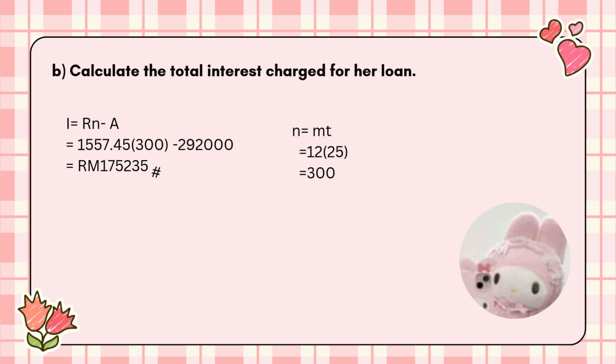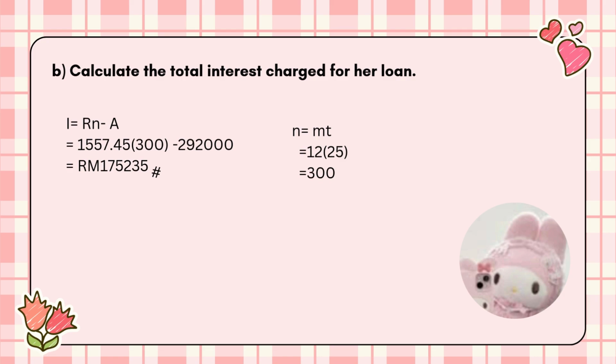Question B. Calculate the total interest charged for her loan. As you can see, it's a total interest. So you have to use the total interest formula, which is I equals Rn minus A. As you know from question A, we already got the R and also the N and also the A. So we just put it all in there.